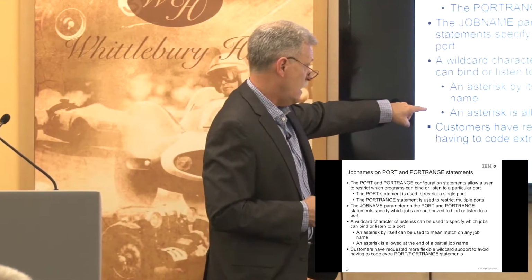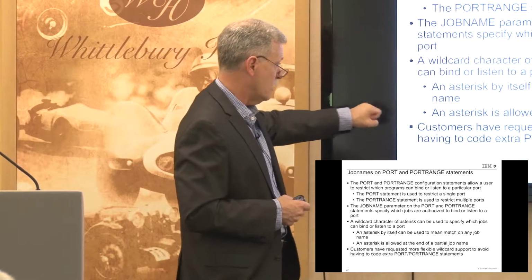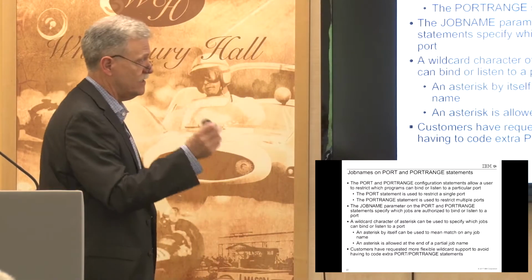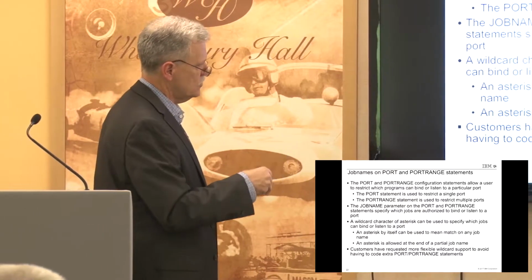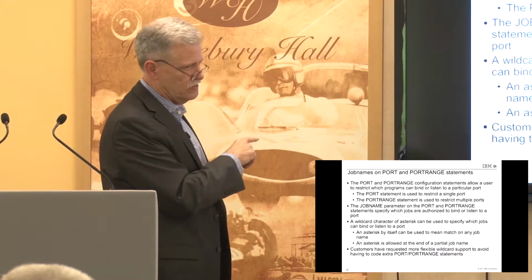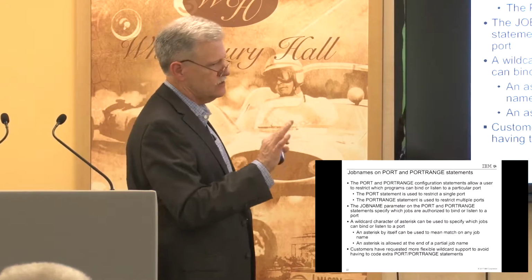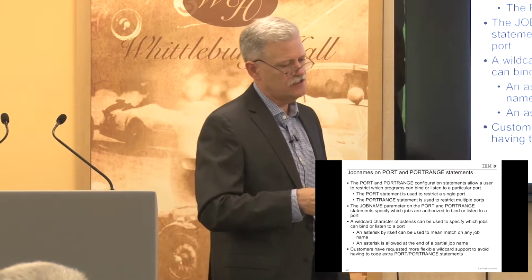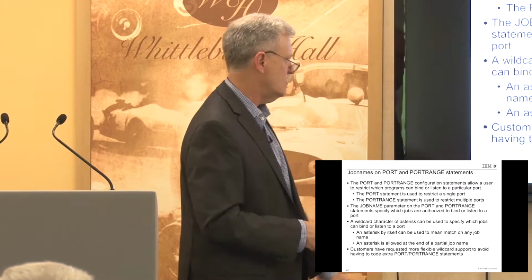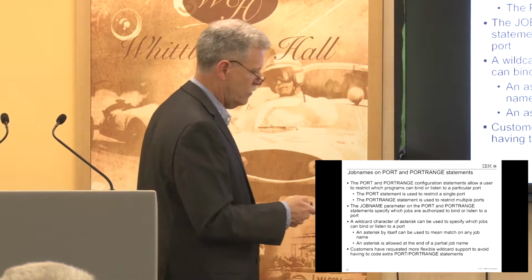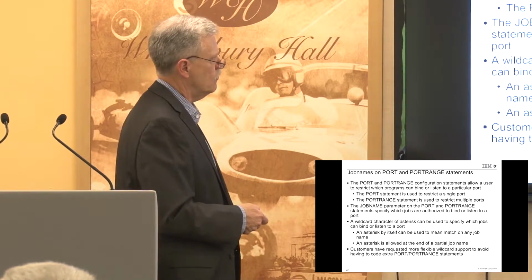And so what we did is you can allow the asterisk to be at the end of the actual name. And what customers have told us about that wildcard character was that it basically doesn't help enough. They showed us many examples where they have to code or configure hundreds of port name statements because they needed more flexibility.